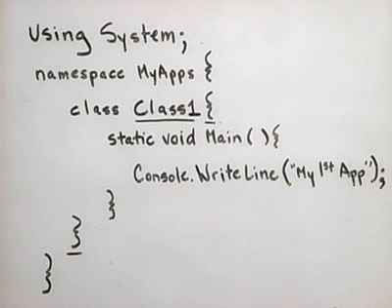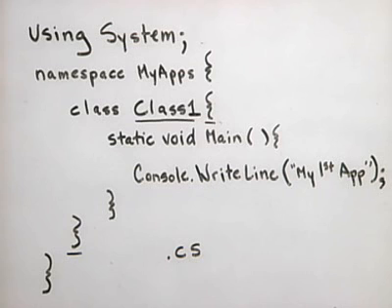You can put multiple classes in a single file. Of course, the code file represented in C# has a CS extension. So you can put multiple class definitions in one CS file, or you can put multiple classes across multiple CS files. But what you can't do is spread a single class across multiple files.